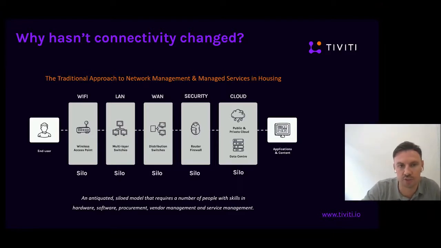You can see there is traditionally a multi-vendor, multi-siloed tech stack of infrastructure that underpins that internet access capability. So you can see here, you may have your WAN and security delivered by one provider, traditionally 3-year, 5-year contracts, professional services, upfront project management, CapEx costs.